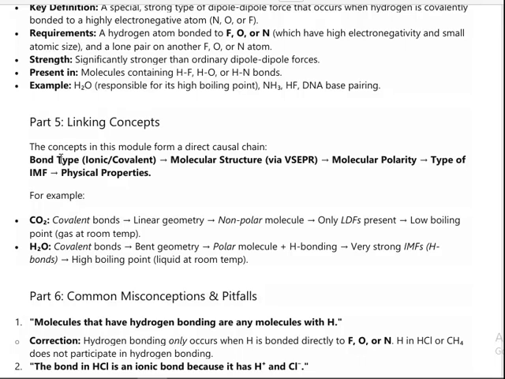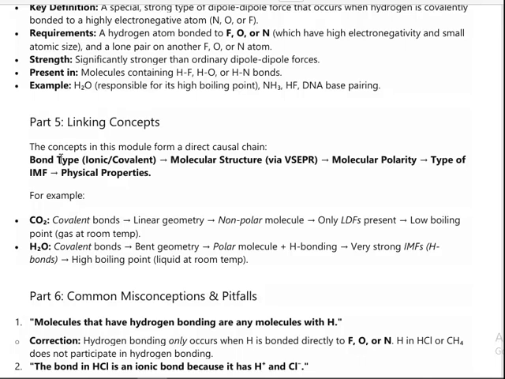Now let's look at CO2. CO2 has covalent bonds. The shape is linear geometry. It is a non-polar molecule. For CO2, only London dispersion forces are present, and thus it has a low boiling point. It is a gas at room temperature.